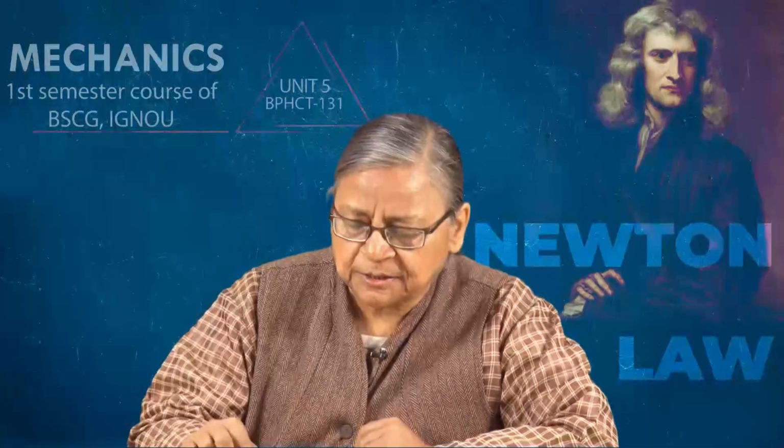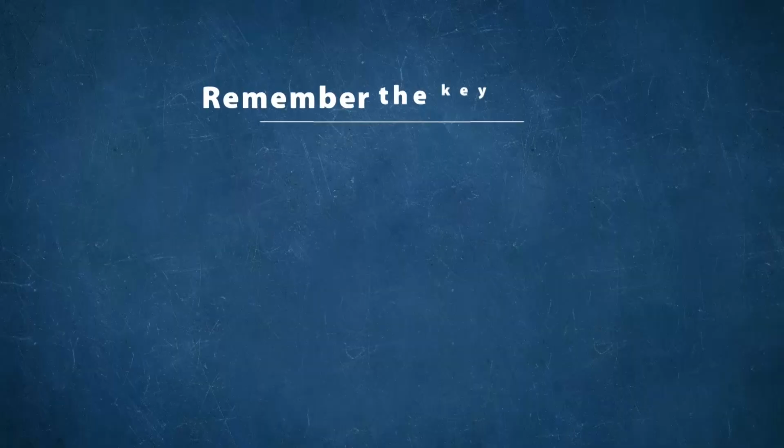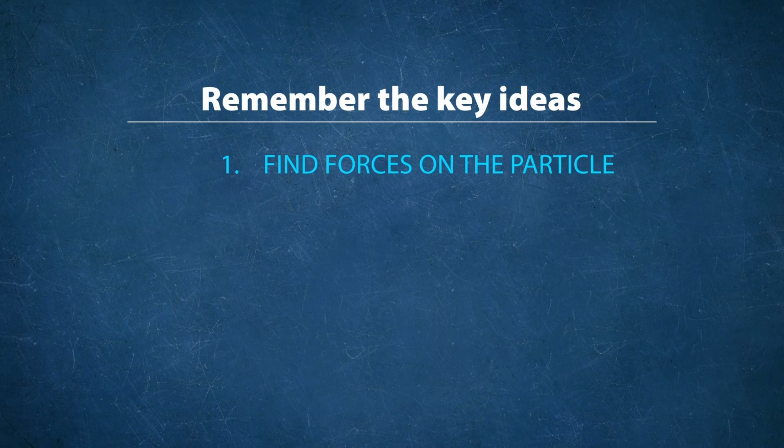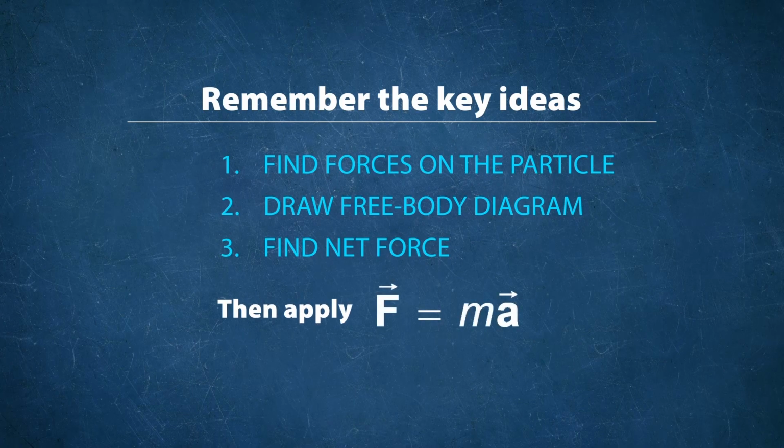This is the process which you need to keep in mind always. Find out all forces acting on the particle, draw the free body diagram for the particle whose motion you are considering, for which you want to solve the equation of motion, determine the net force on it, and then use the equation of motion F is equal to ma.